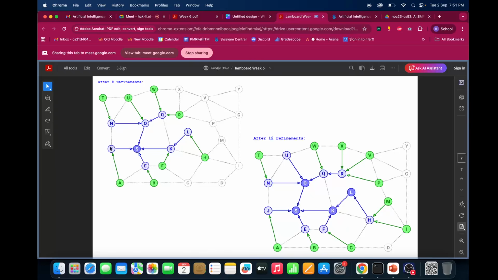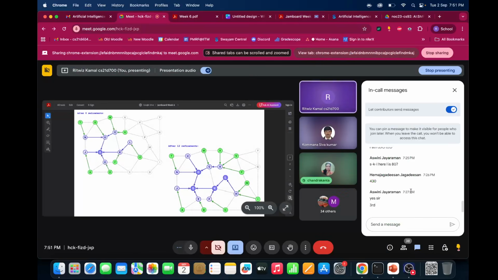Here S has J, E, K, O as the only neighbors that are part of the closed list, but we said that S can never be part of the kernel. So here also the kernel will be empty because S will always go into the boundary. Do you agree with me? Yes, sir. Okay, so that was for the 8 refinements.